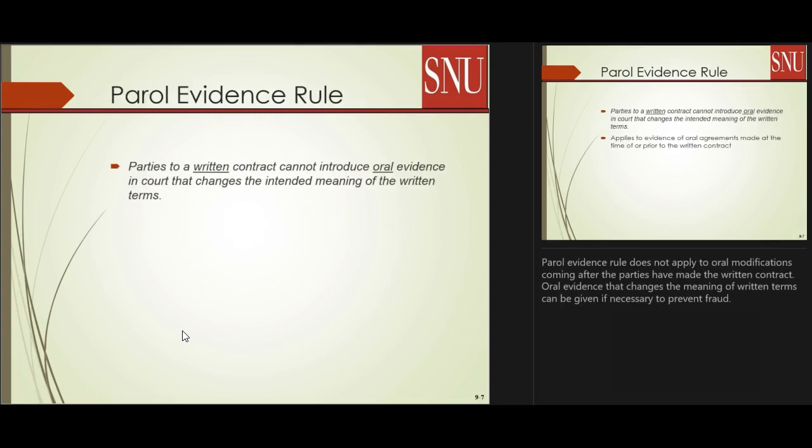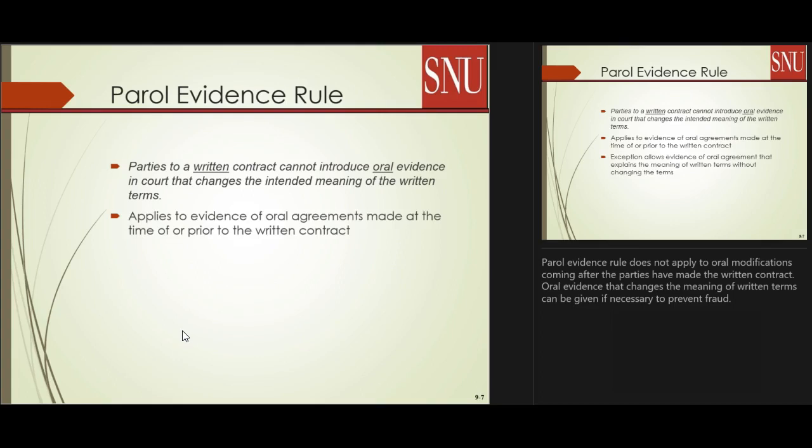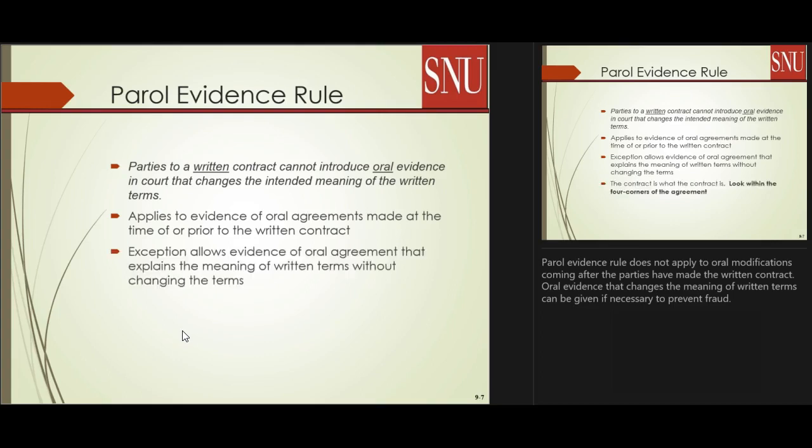The parole evidence rule. Parole evidence states that in a written contract, a party may not produce oral evidence, parole evidence, in court that changes the intended meaning of the written terms. So basically, it applies to the 4 corners of a contract, and somebody says, well, you also agreed to this outside of it.